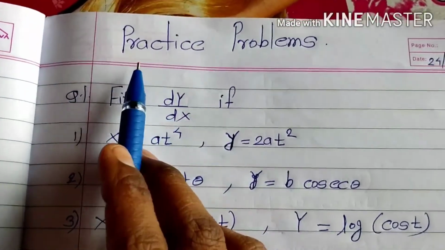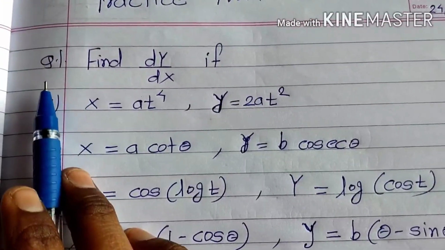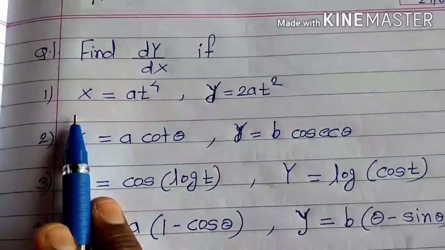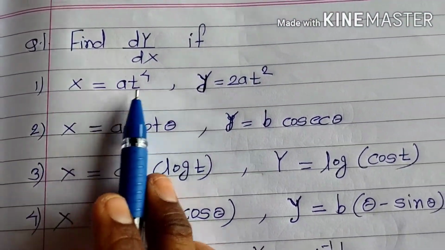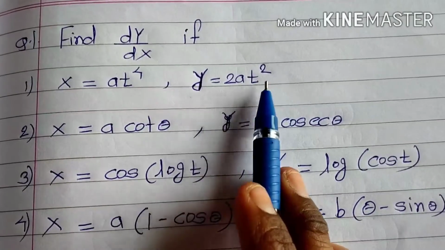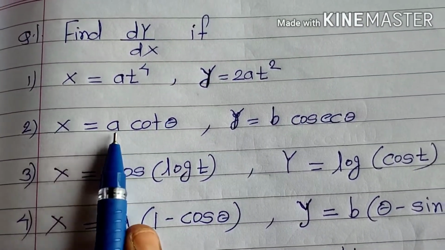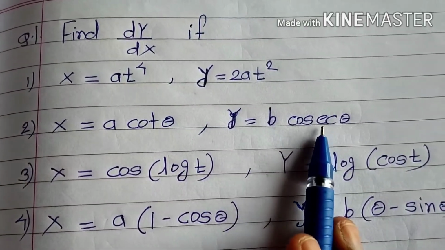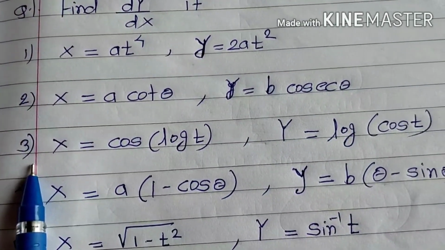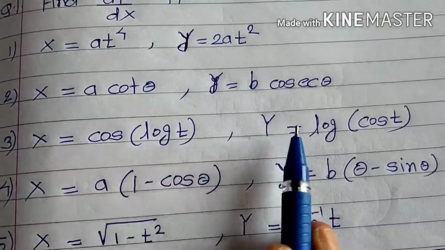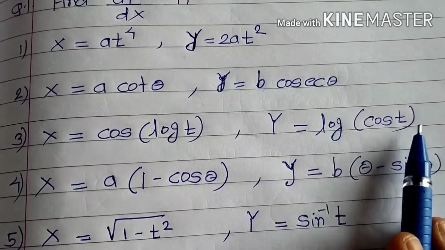Now there are some practice problems. Question first, find dy by dx if x equal to at to the power 4, y is equal to 2at square. Second question, x equal to a cot theta, y is equal to b cosec theta. Third question, x equal to cos log t, y is equal to log of cos t.